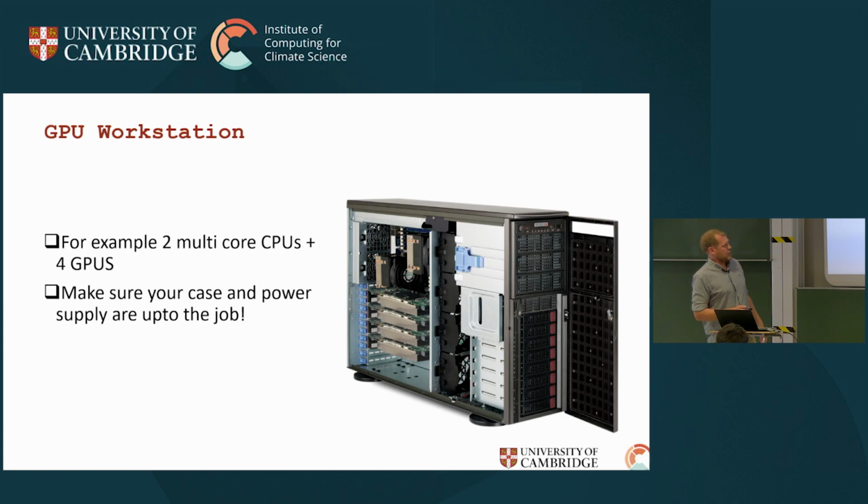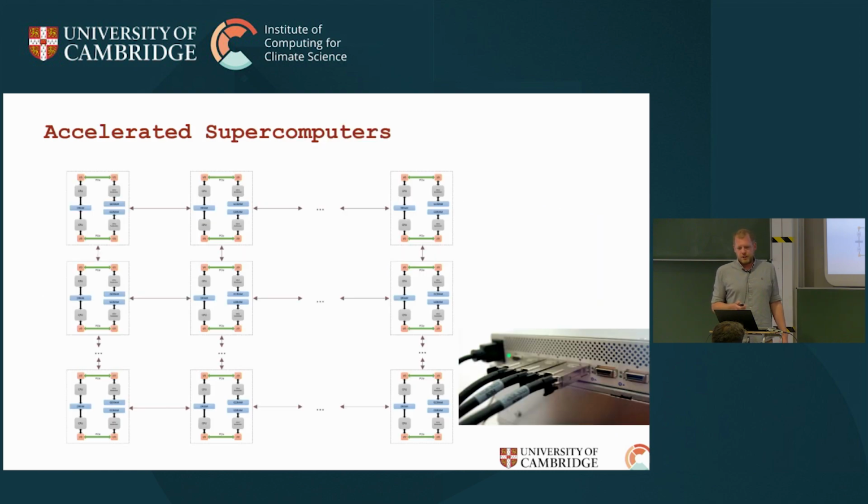So if you're so inclined, you can get a GPU workstation, you can bang a load of GPUs in it. I wouldn't recommend this. It's going to warm your office up. If you've got a cold office, I guess it's quite nice, but they're pretty power-hungry devices. You're much better finding an accelerated HPC system, something like a supercomputer, which just takes the idea of what I had presented before.